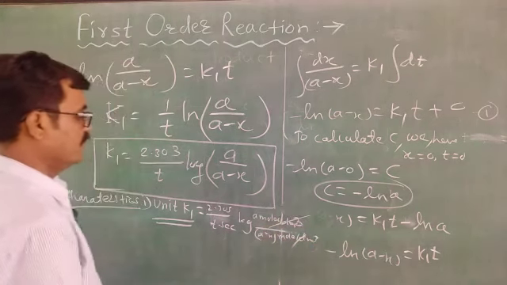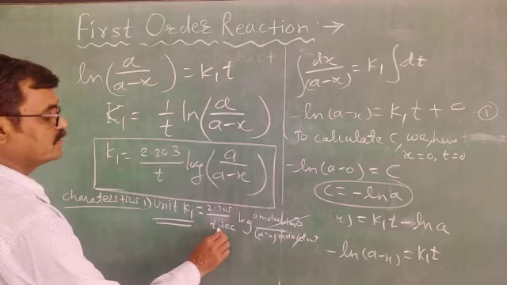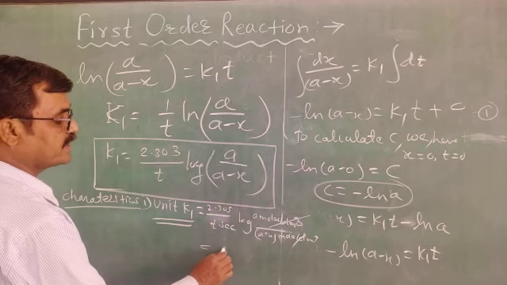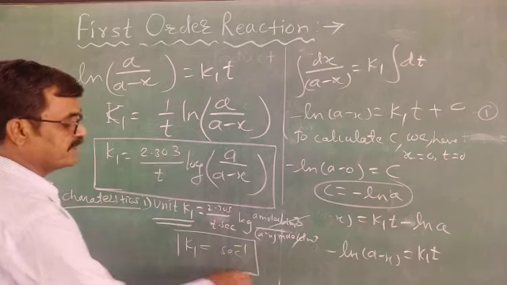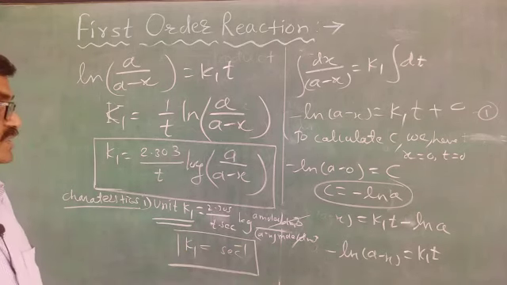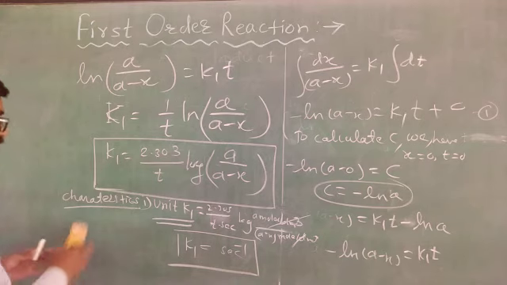These both are cancelled. That's why only second is there, 1 upon second, that's why second inverse. That's why the unit of rate constant is second inverse. This is the first property.